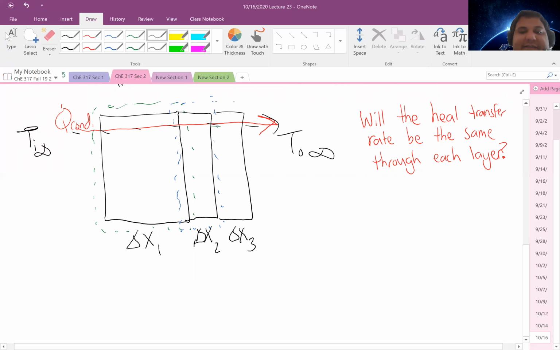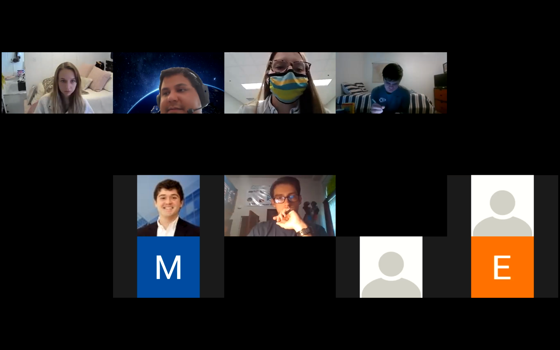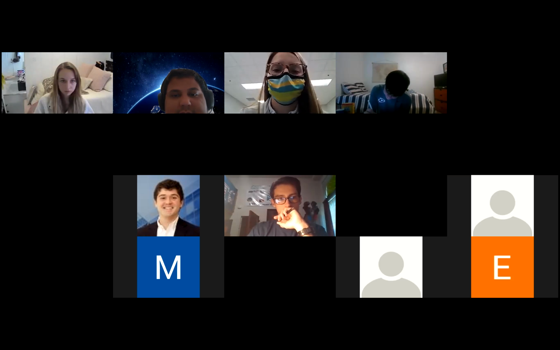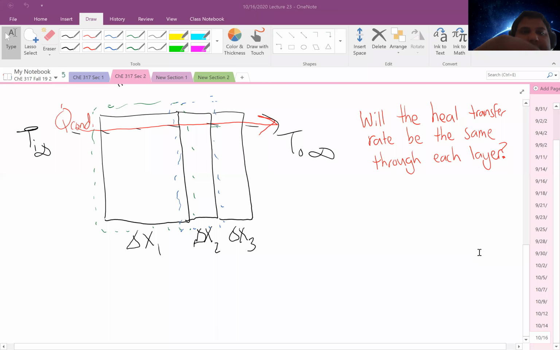And vice versa, if I do a gray, all the heat transfer leaving my second material is going into my third material.